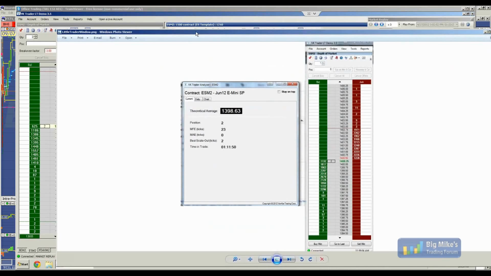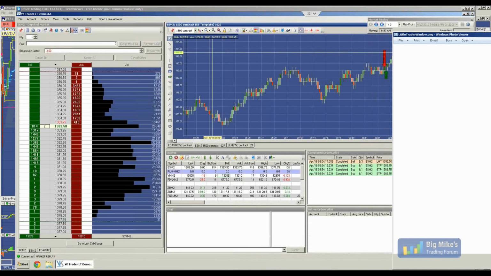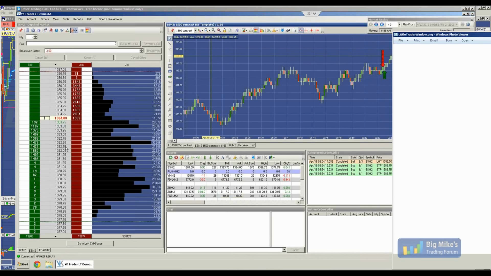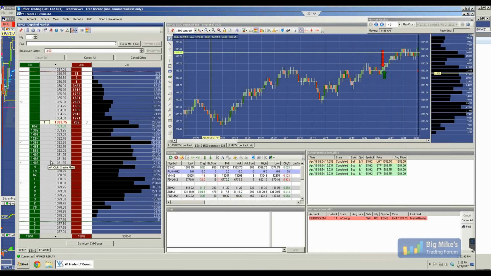If I move my stop on this trade to that new theoretical average and it gets taken out, in the worst case scenario, I would have flattened the trade. What most people do though, as let's sell again here.